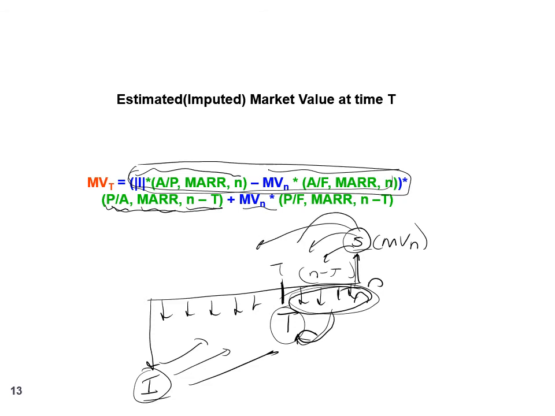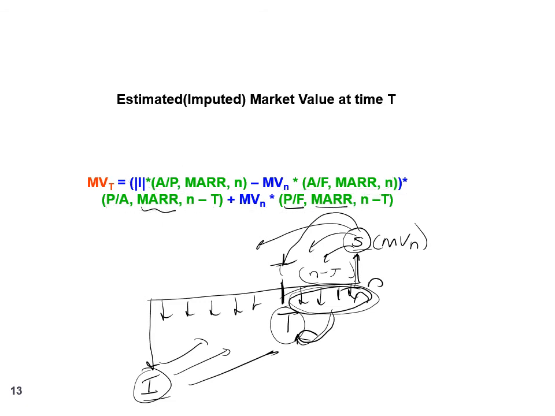So I will shift it to time T separately. I will multiply the market value at the end of time N with P given F, MAR, and N minus T. So this part is the estimation of the market value of the item at time T. By using this formula, I can estimate the market value at time T, which is the end of the study period, and only use this market value so that I end up the project here.